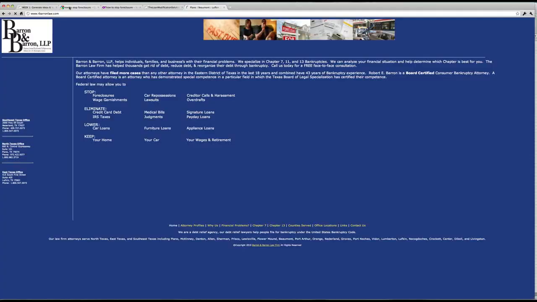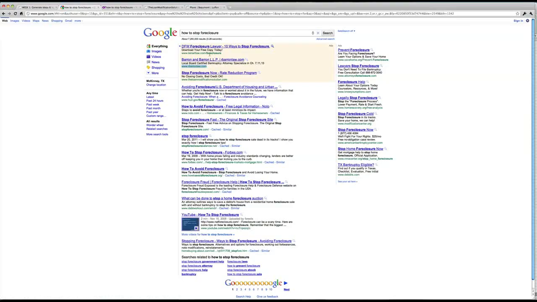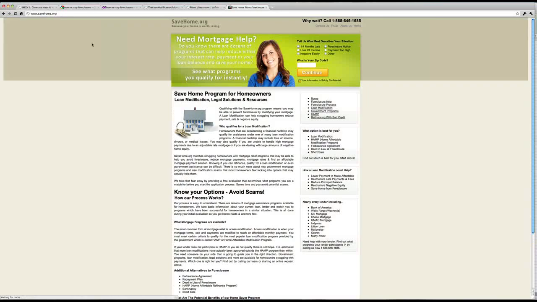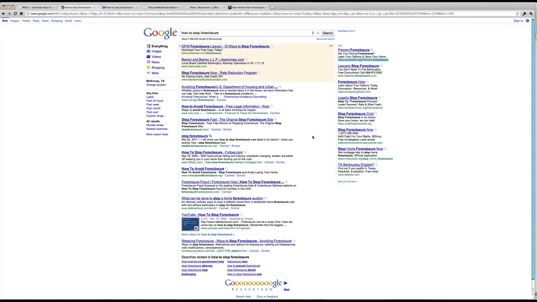That's interesting. And there's the Leinert Law foreclosure, savehome.org. Let's see what this one is. Probably just that. Okay. And let's check one more. There's plenty here on Google. There's definitely advertising.